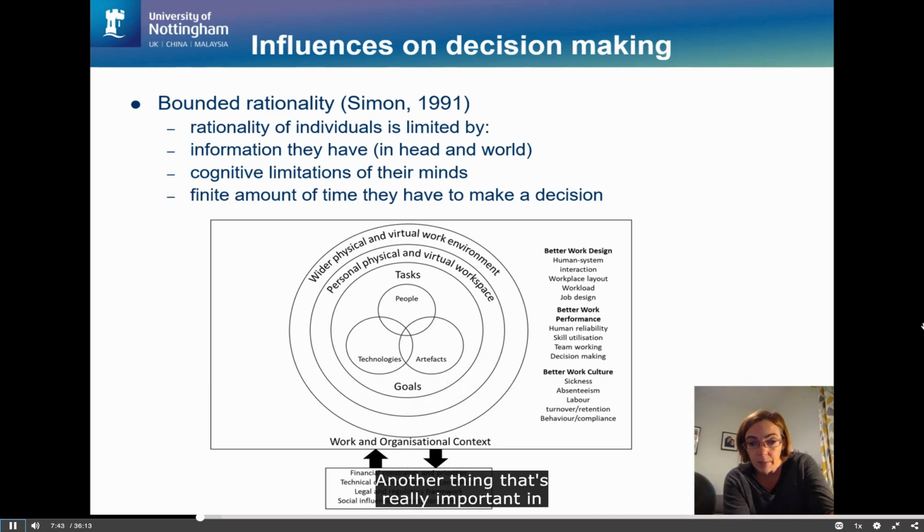Another thing that's really important in terms of bounded rationality, the limitations on our ability to make decisions, are these external factors down here: financial constraints and priorities, technical developments and capabilities, the legal and regulatory framework we work within, and the social influences, expectations and norms.